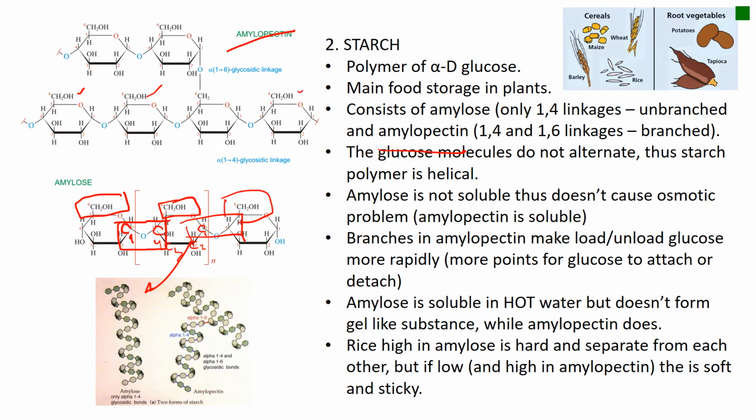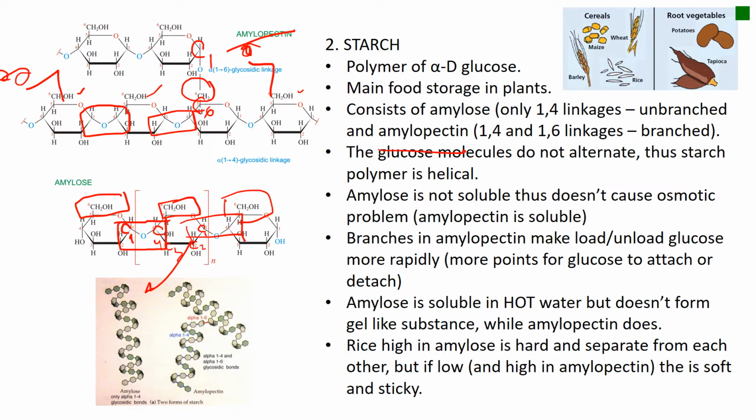Now, however, apart from the 1,4 linkage over here, you can also see that the side chain, which is the C6, makes bonding with C1 of another glucose. So it means that amylopectin has branches, because the side chain can be used to create more polymer over here, right?